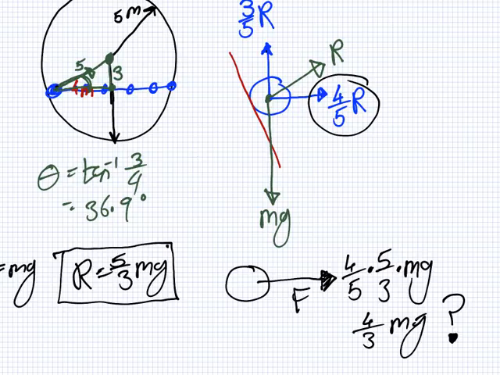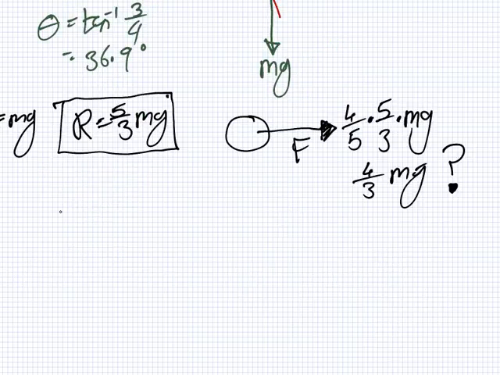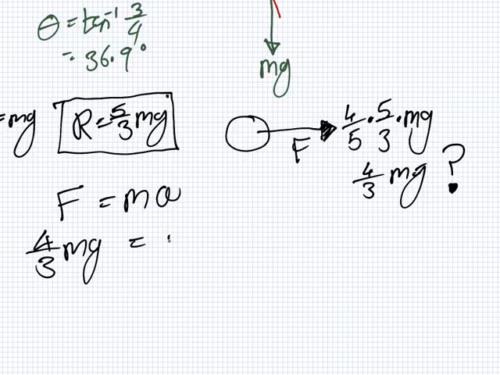This force is the force that's going to the center. In other words, this is the centripetal force. So we have F equals ma, 4 over 3 mg equals ma. Cancel the m's. So a equals 4 over 3 g.